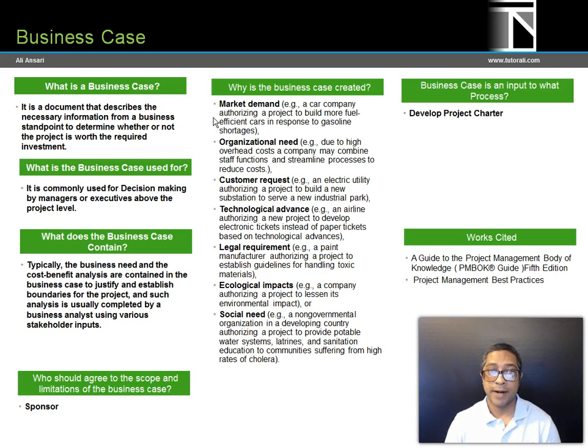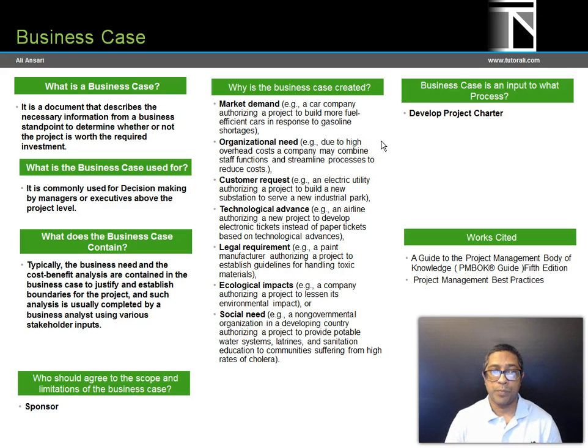Okay, so there is a market demand for something like this. There's a market demand for creating solar panels so that everyone can get free energy rather than using fuel to power your house.